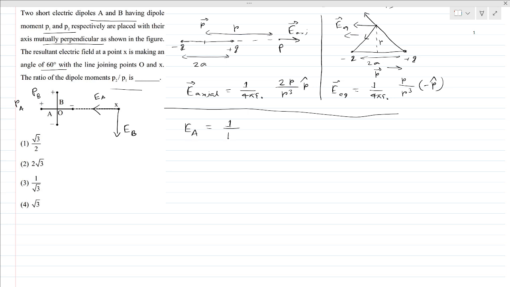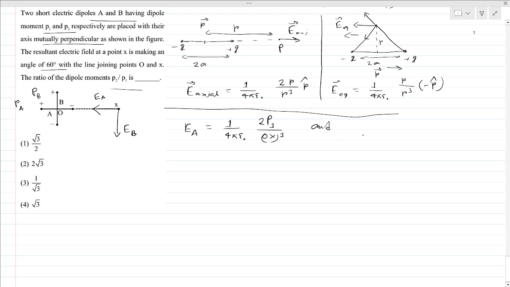If we want to write the expressions of EA and EB, we can write EA equals 1 by 4 pi epsilon naught into 2 PA by r cube. Since P1 is given, we can write P1 for PA, and rather than r cube, the distance is from the middle, that is OX cube. We don't need to write the cap because I am already showing you the direction of the electric field.